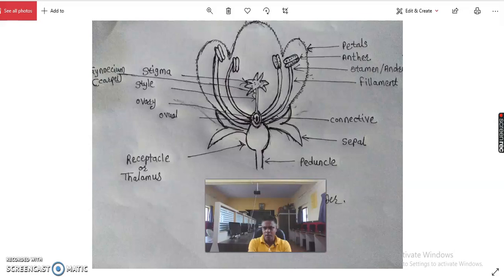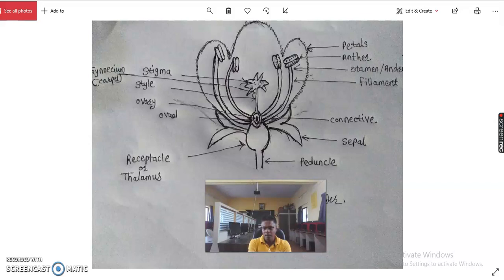When anthers are united and filaments are free, it is known as syngenesious. In sunflower, this condition is seen. Then the connective.